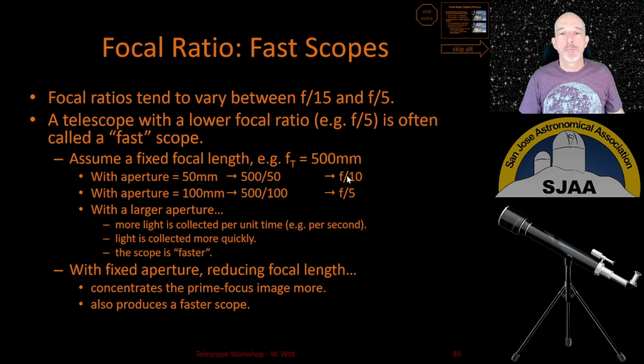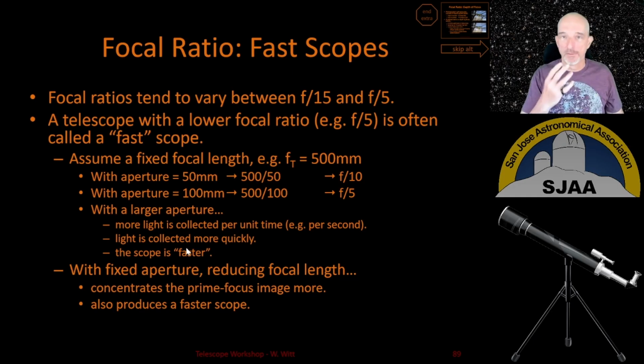The telescope with 500 millimeter focal length and 50 millimeter aperture is an f10, and the one with the same focal length of 500 millimeters but 100 millimeter aperture, now larger, becomes an f5. With that larger aperture, more light is collected per unit time, like per second. Light is collected more quickly and the scope is faster.